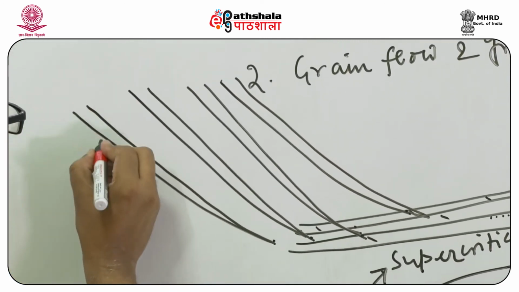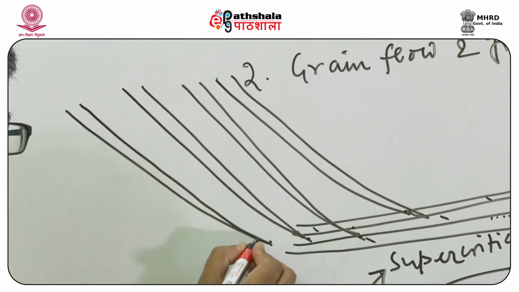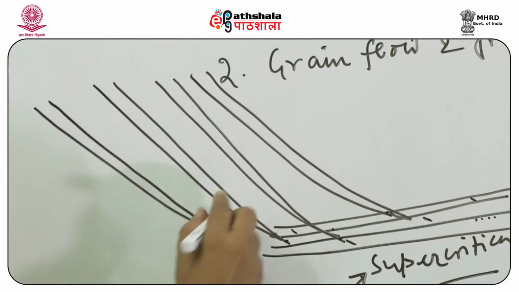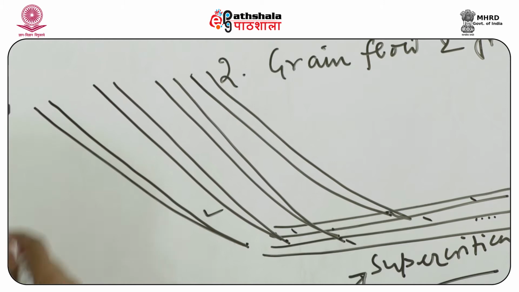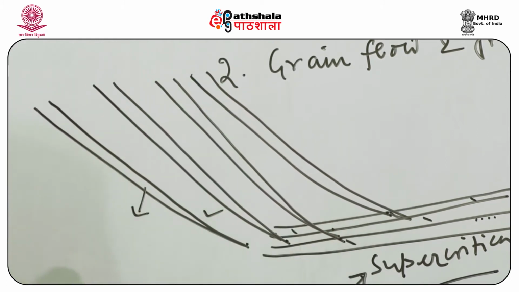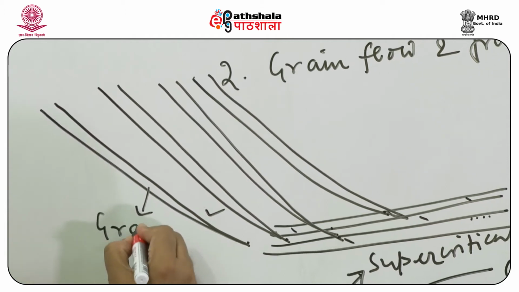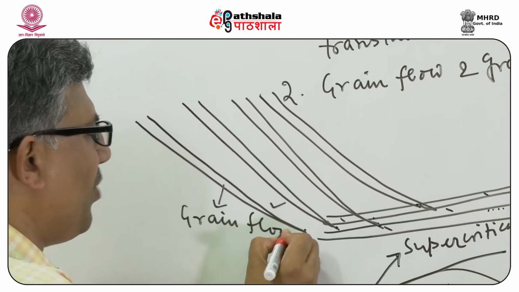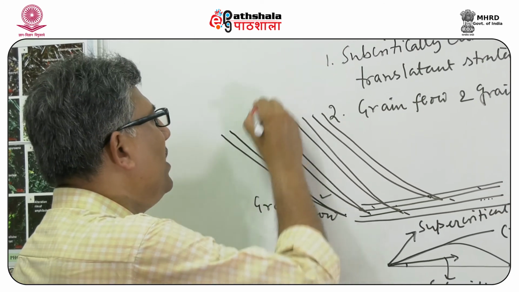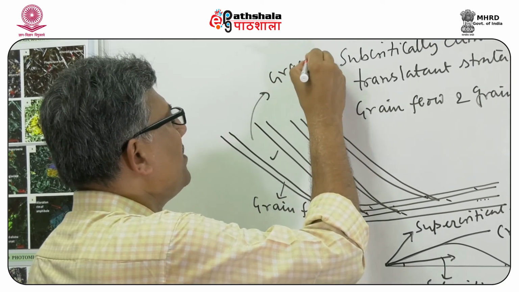You can see there are some wedge shaped units which are wedging downward, and in between there are portions that are wedging upward. The wedging downward unit we call the grain flow strata, and the wedging upward unit, the intermediate between the two grain flows, we call the grain fall unit.